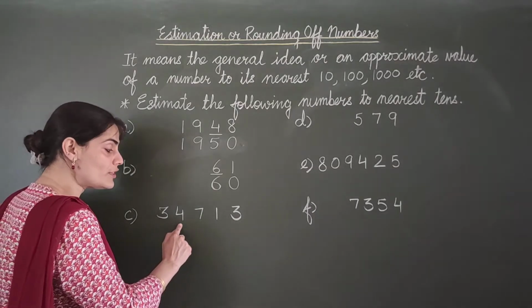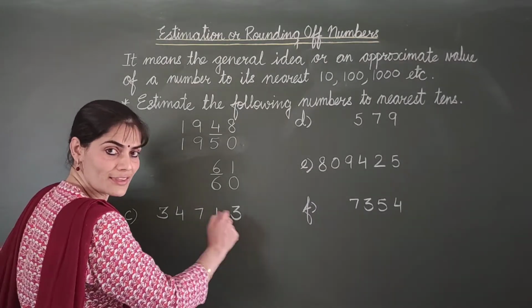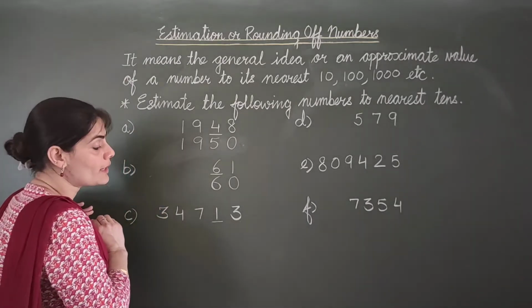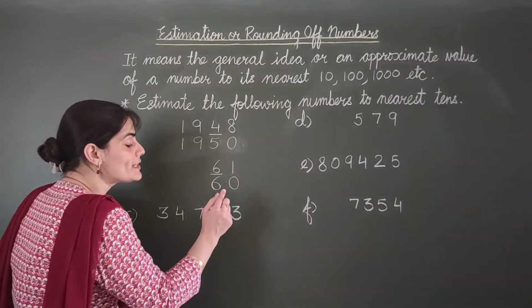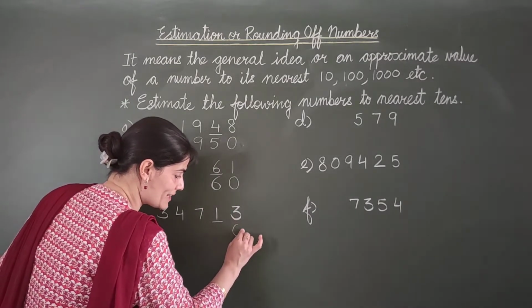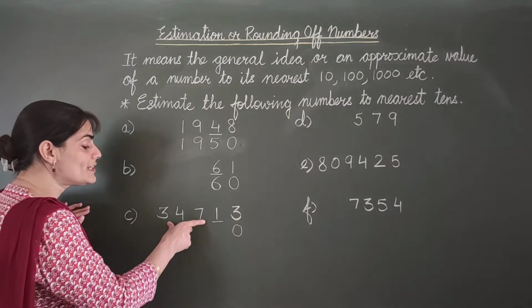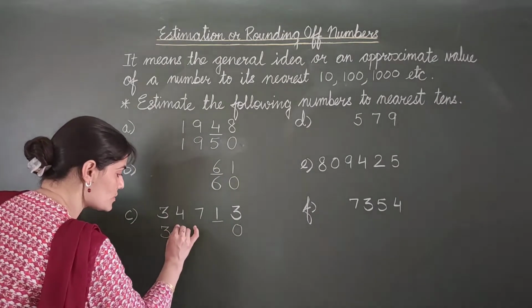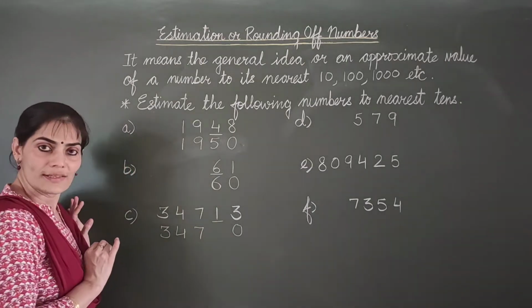This is 34,713. The digit at tens place is 1. Now what am I going to do? The digit at smaller place will always be replaced by a 0. Now the digits at larger places will be written as it is. So I write here 3, 4, 7.